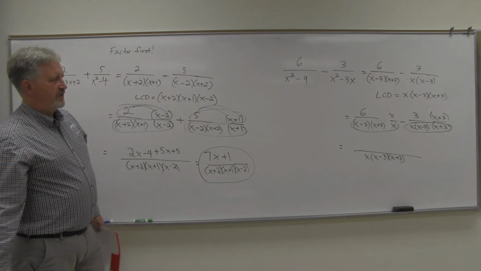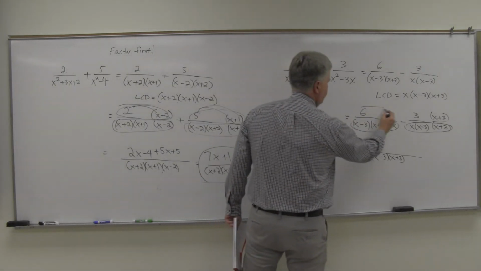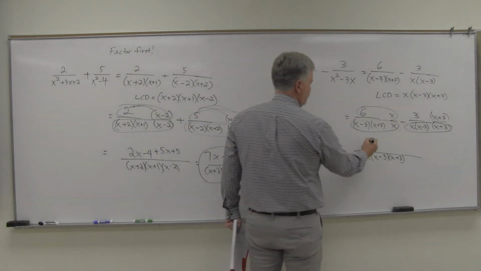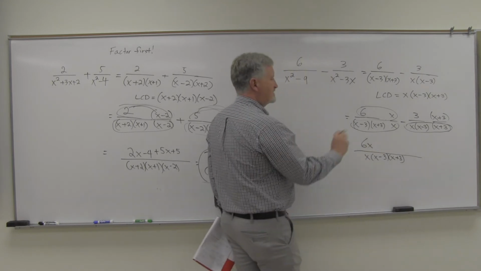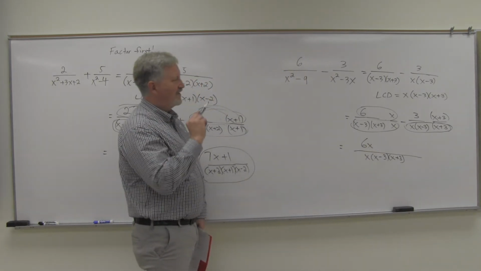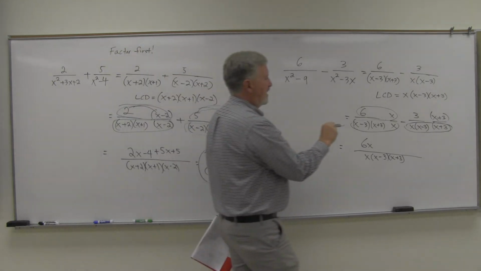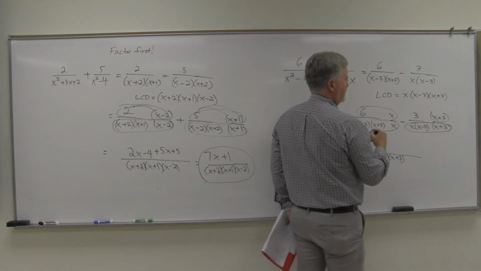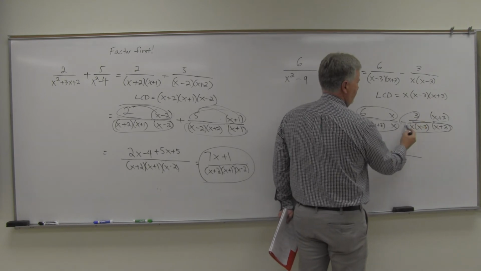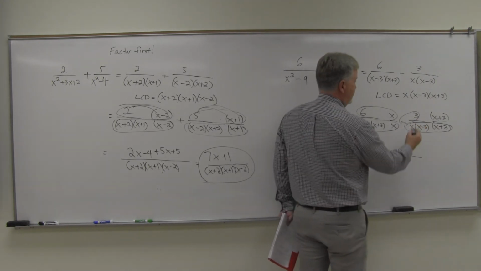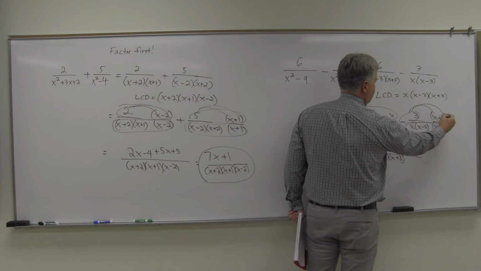On the tops, what do I have there? Well, I have this 6x. So that's easy. But this is why I want to mention this, okay? So what do I have over there on the right? Well, I have the 3 times x minus 3, but what about this? Isn't that negative 3 times x times 3?